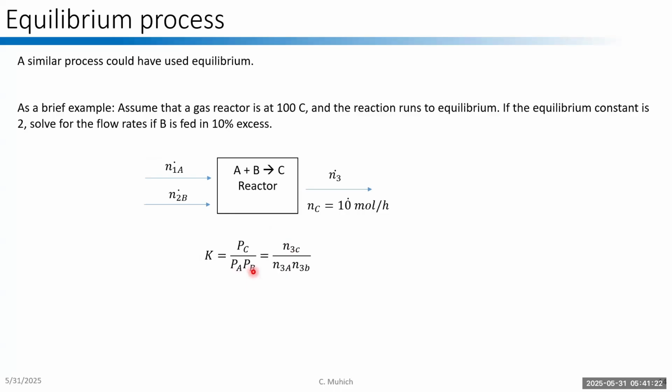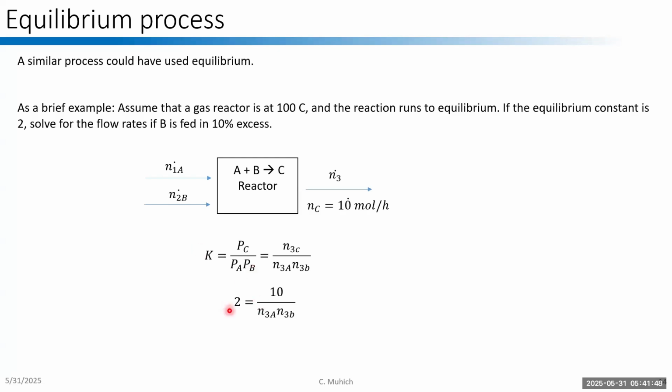If we assume that there's no volume expansion in the reactor, all of these are at the same volume. The temperature isn't changing, so we can directly relate the relative pressure to the number of moles.